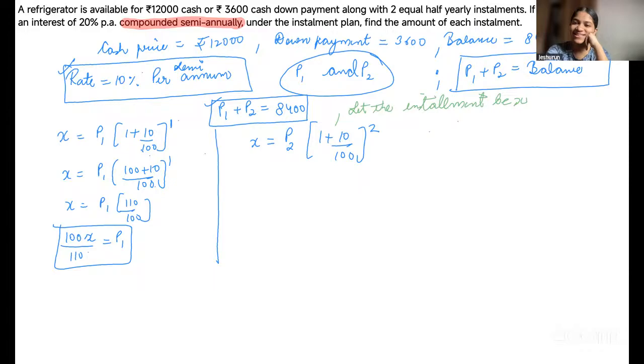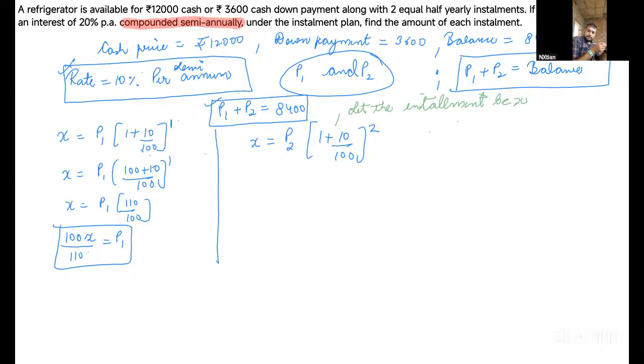I didn't understand how you got the balance as P1, and what are P1 and P2? P1 and P2 represent the principal. Now the total principal, like he's paying one installment in one amount and the second installment in another amount, the total principal on which the interest is applied will be equal to the balance.